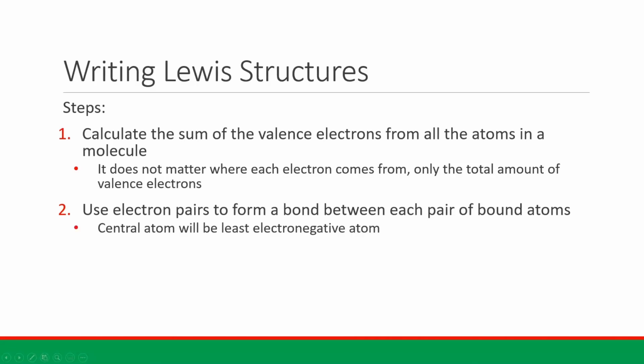Now, this is a very specific rule. The central atom must always be the least electronegative atom given in a compound. So least electronegative just means most to the left and down on the periodic table. So that will give you the least electronegative atom.